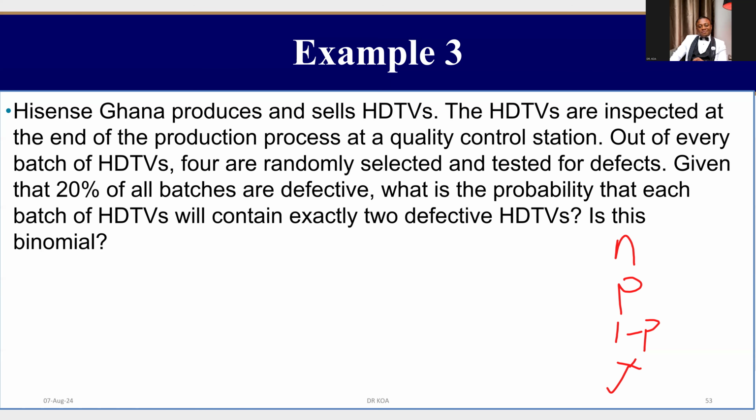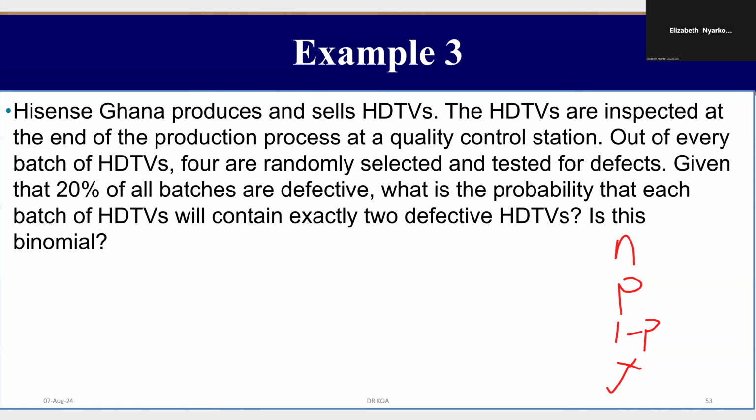Every year, at the end of the year, quality control comes to the company to check whether the consignment they have has an issue or not. Out of every batch, 4 are selected and tested for defects. Historically, 20% of all the batches are usually defective. So what is N?